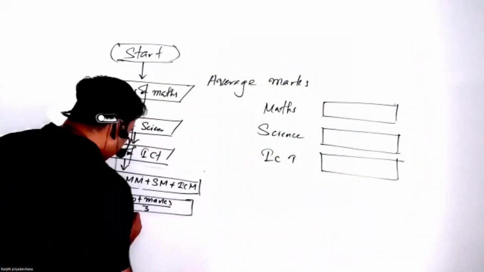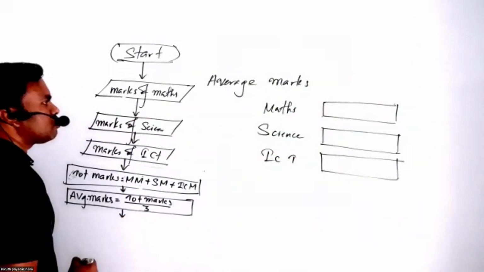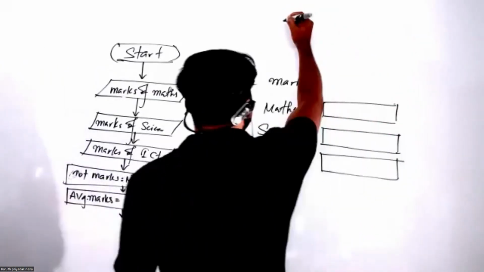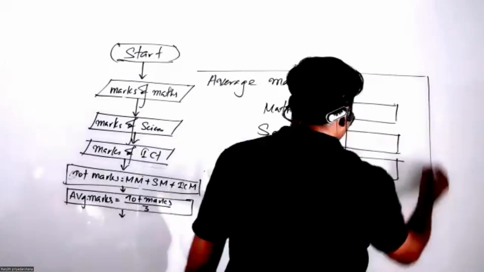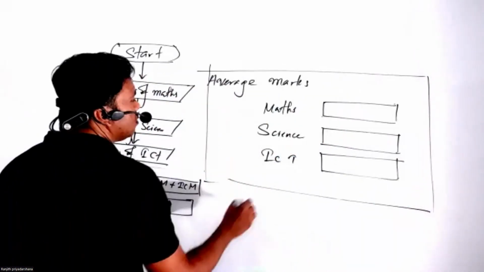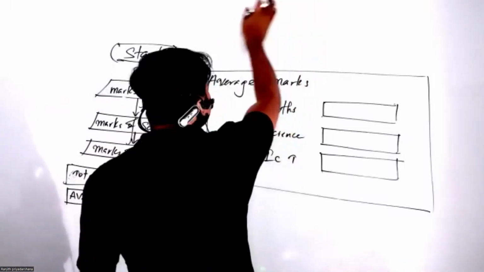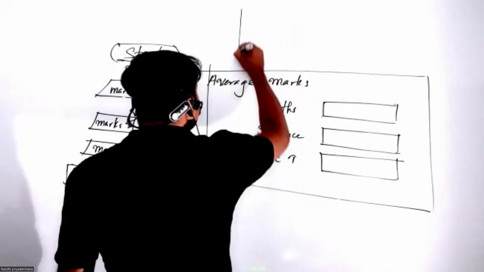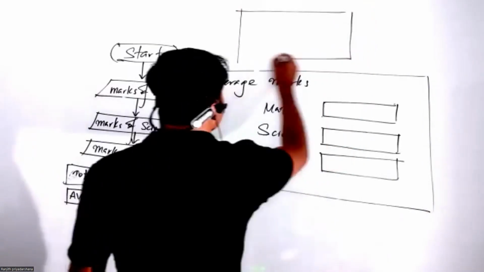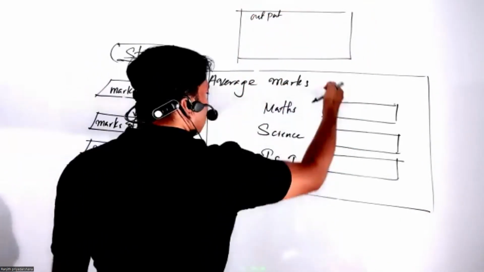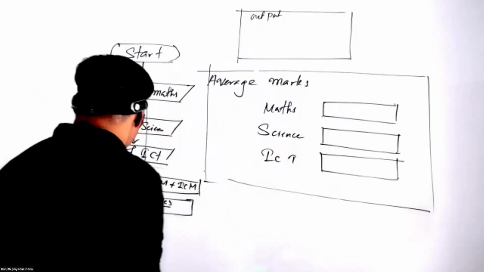Then you take the output. In your output window, this is input, right? And this is the video output. You have to get that output. All these things are displayed.